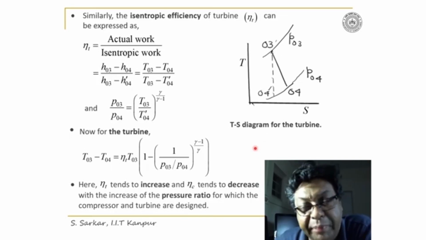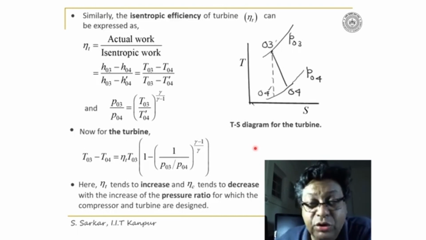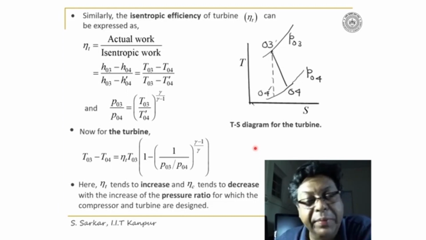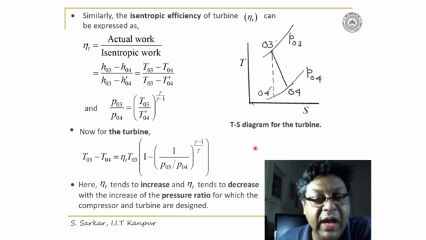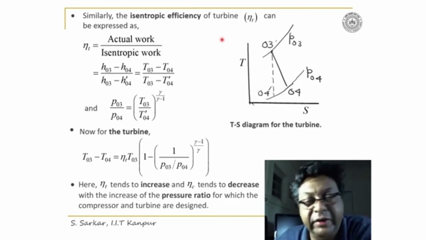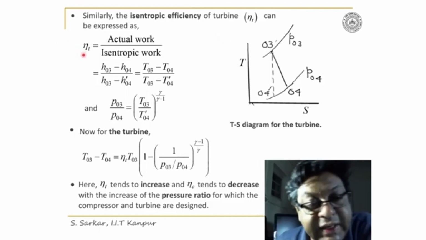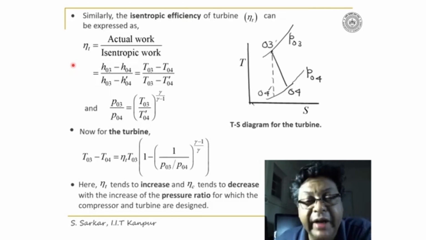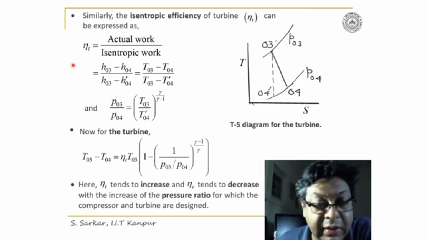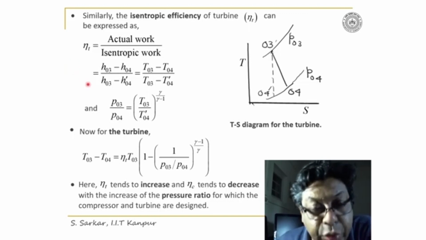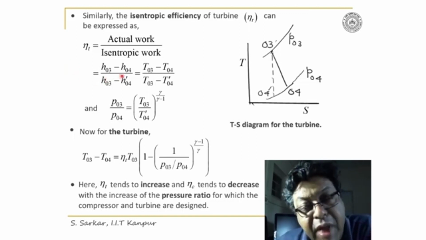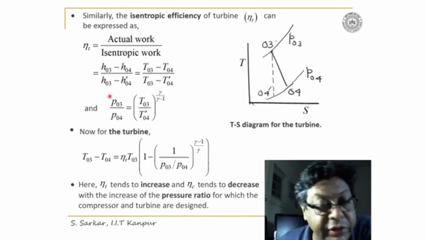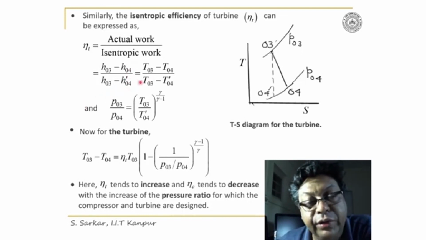You can appreciate here that actual work is less than the isentropic work. Therefore, the isentropic efficiency for a turbine I can define now, eta T is equal to the actual work divided by isentropic work. That could be related to h03 minus h04 divided by h03 minus h04 dash.